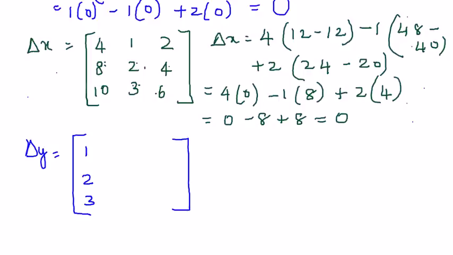For finding del y, the resultant column is written in the column of y, and x and z will remain as they are.